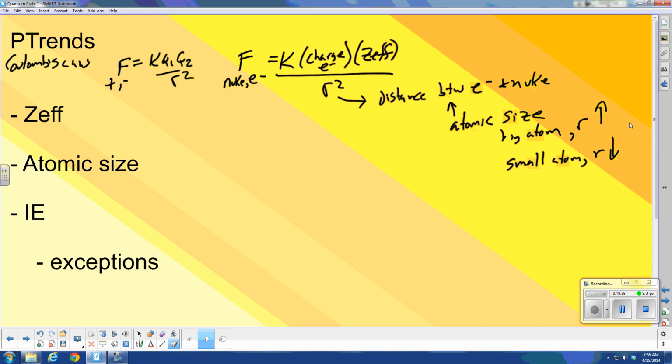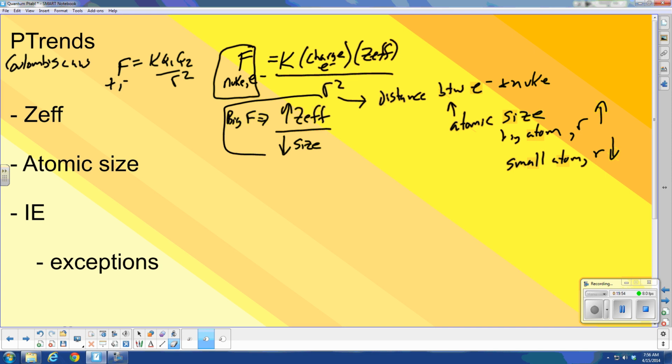So when I'm looking at my force, how do I get a big force? Well, my charge of electrons stays the same, so a big Z effective, since it's in the numerator. And what do I want for size? I want a small atomic size. That's how I get a big force. Good. All right, so we're going to explain all these periodic trends in terms of that.